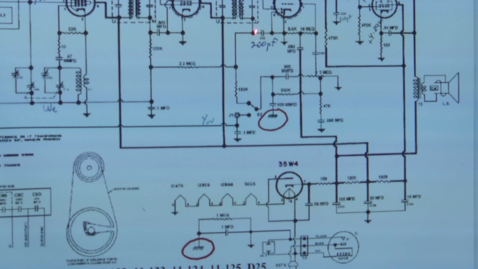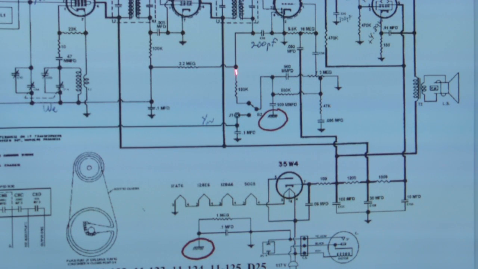You come along from your detector here, this is the diode, and you come along here, this is your AVC line, going along here, and then you take your audio takeoff on here. Before you switch it over to the audio, which starts to figure here broadly in terms of the volume control and the input to the grid, you have this small valued cap, I think it's 100 picofarads, something like that, to a chassis ground.